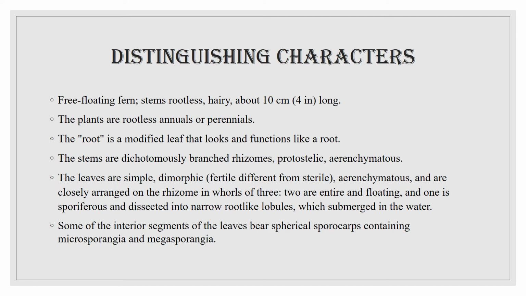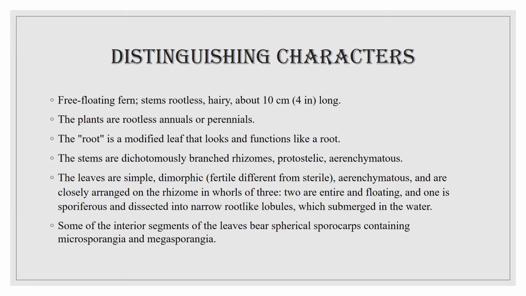Then the stems are dichotomously branched rhizomes, protostelic, and aerenchymatous. When we say aerenchymatous, it is a specialized tissue in some water plants characterized by thin-walled cells and large intercellular air spaces.